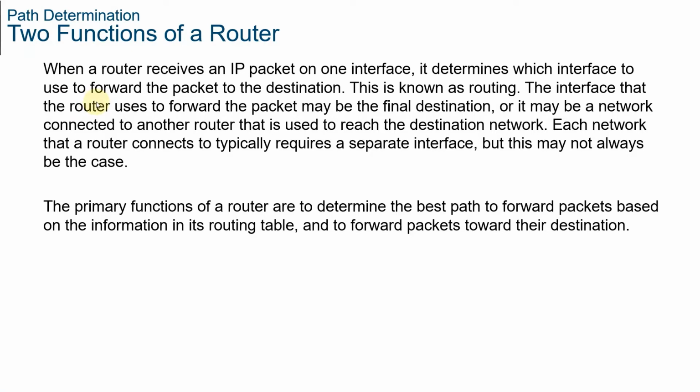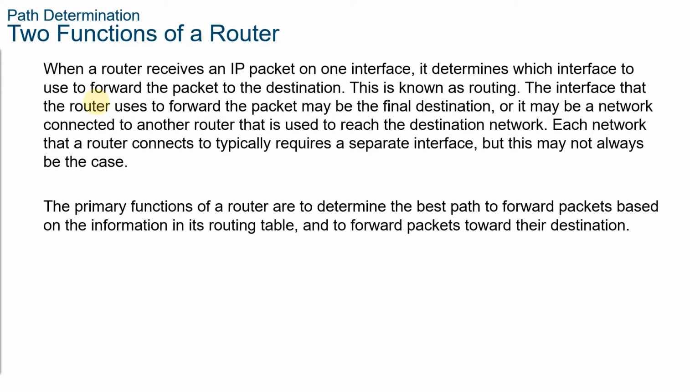Okay, so there are two basic functions of a router. Before a router forwards a packet anywhere, it has to determine the best path for the packet to take. This topic explains how routers make this determination. Ethernet switches are used to connect end devices and other intermediary devices, such as other Ethernet switches, to the same network.